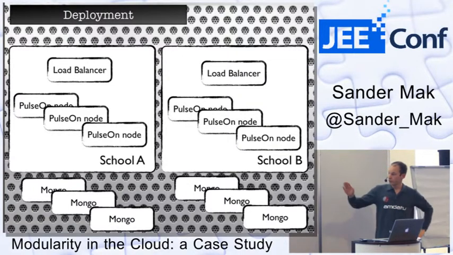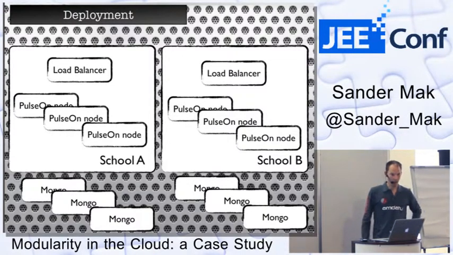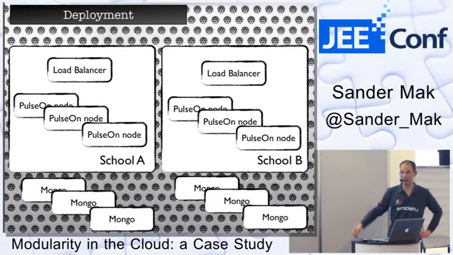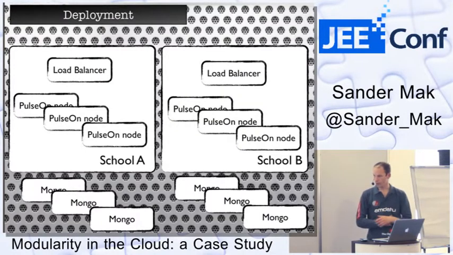So what you see is that for each school we have a separate cluster that we can spin up, which contains our application. Because it is stateless, we can easily put a load balancer, in this case Amazon Elastic Load Balancer, in front of it, and just spin up as many nodes as we need. Mongo also runs underneath this in a cluster mode.